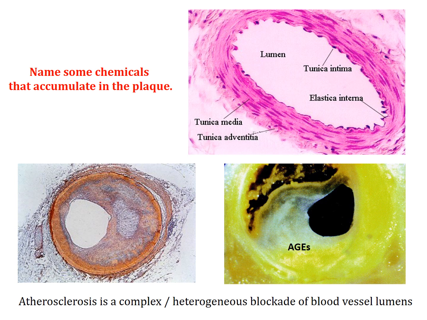We will cover it in much more detail in the cardiovascular units. But right now, think to yourself, other than these AGEs, which I just mentioned, what else accumulates in that plaque? You should be able to come up with a couple of different things which are accumulating in that atherosclerotic plaque, blocking that blood vessel.